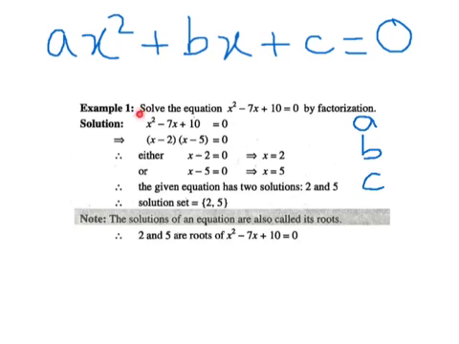The value for a will be 1, the value for b will be minus 7, and similarly for c, our value is 10.